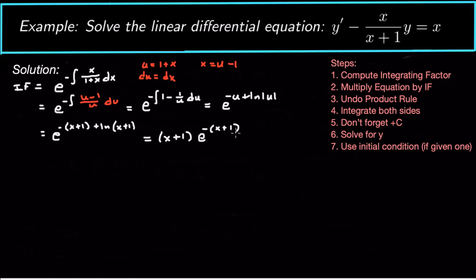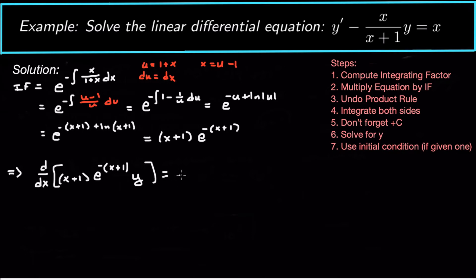So we have to multiply the entire differential equation by this integrating factor. We know the left-hand side is always going to turn into the product rule, d by dx of the integrating factor, x plus 1 times e to the negative x plus 1, by design of the integrating factor, times the dependent variable.